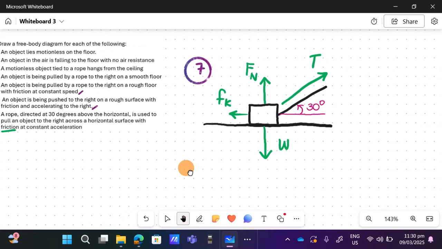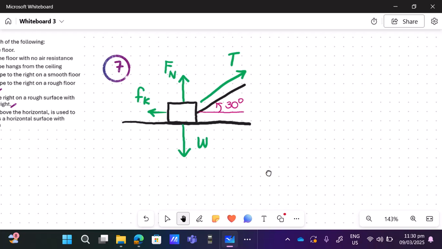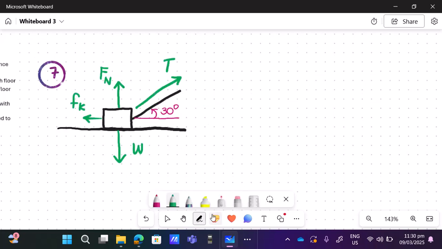Now let's try to put our focus here first on this tension force. And we know this is a resultant. We can treat it as resultant. So we have here tension, and this is T. Okay, let me change color.